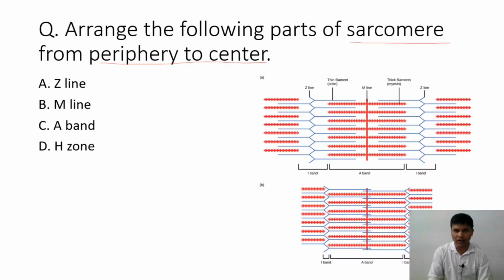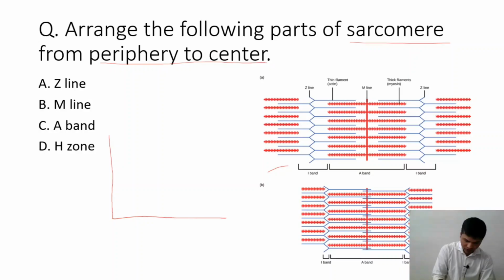I have already given one picture here, but let me draw one. Suppose this is one sarcomere, and obviously you know that this is the Z line. Z line, and thin filament.